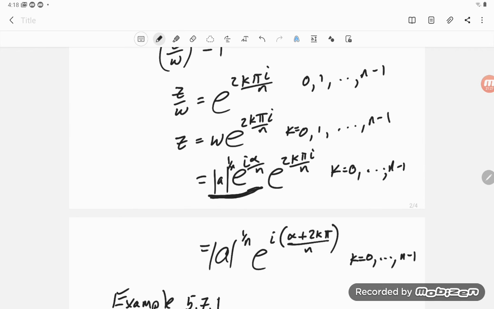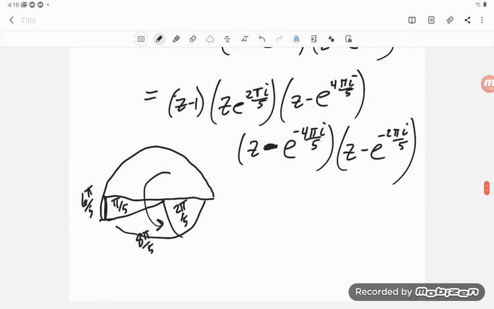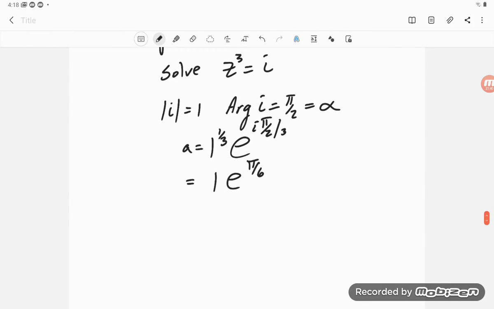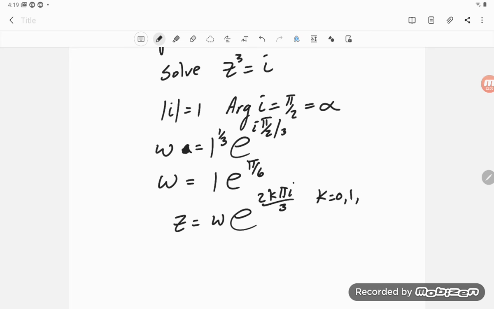We need our W here, and then times the 2k pi over 3 times i. Okay, so sorry, that should have been W. And so we have that, and so that means our Z is our W times e to the 2k pi i divided by 3 for k equals 0, 1, and 2.